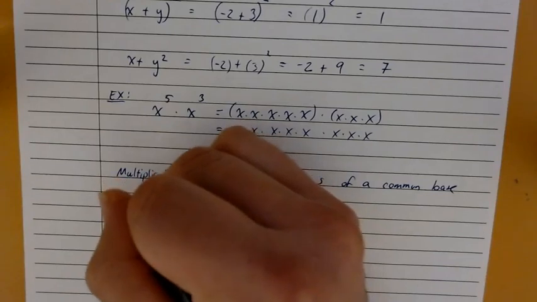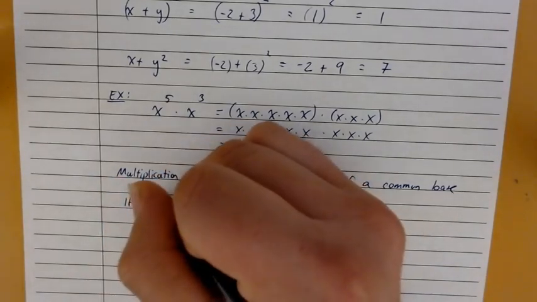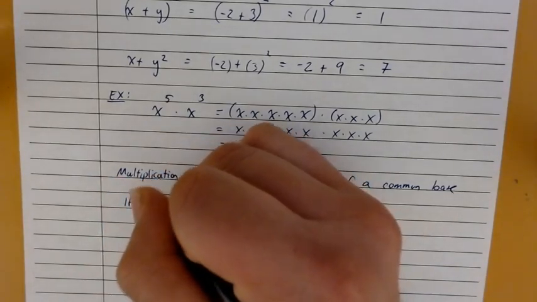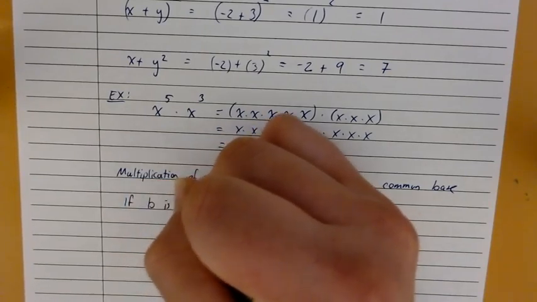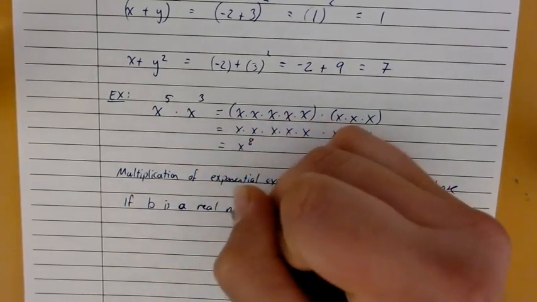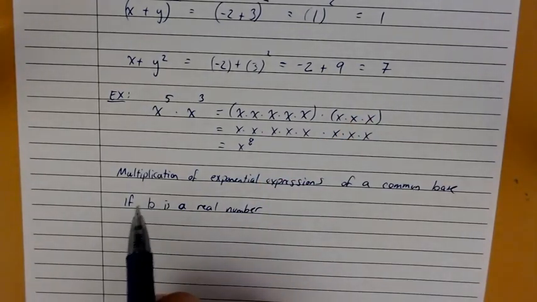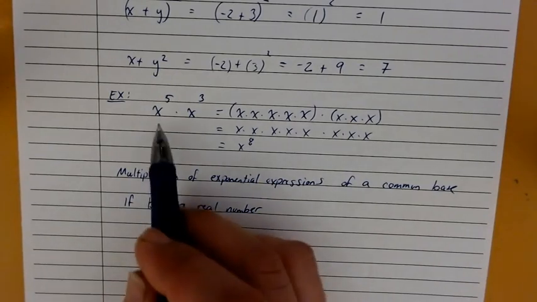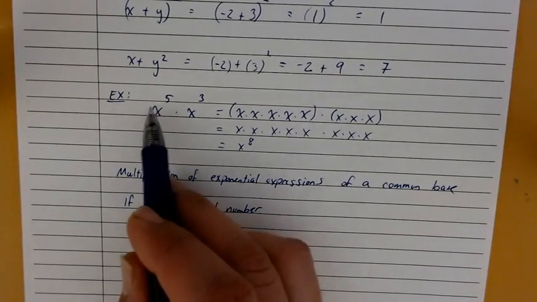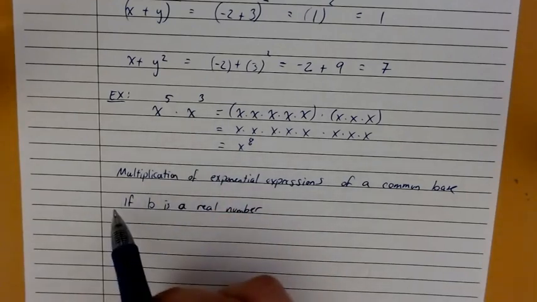If b is a real number, I'm going to go ahead and use b so that it looks like the previous definition we had. B is for base. If b is a real number, and again, it doesn't have to be any constant real number. This is a variable. It still represents a real number.